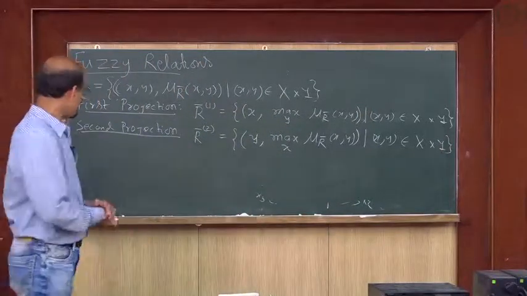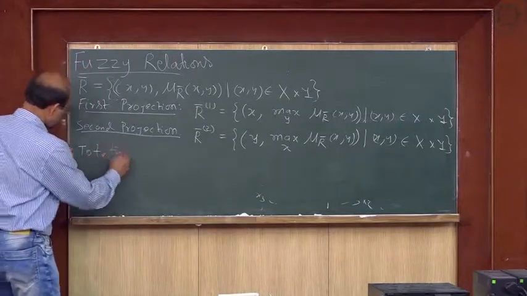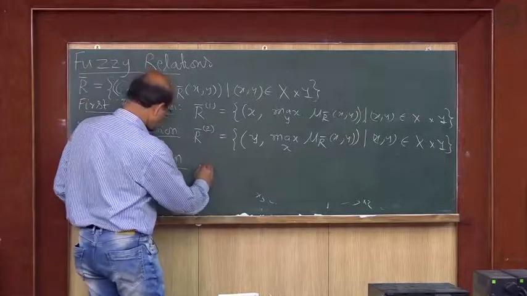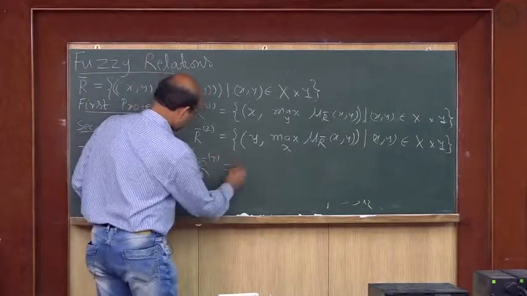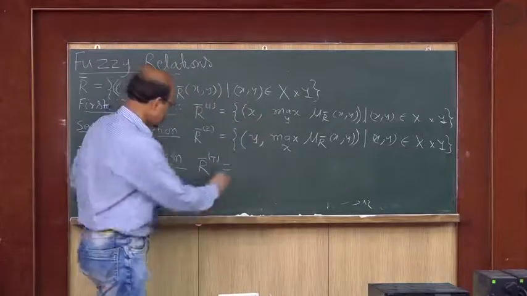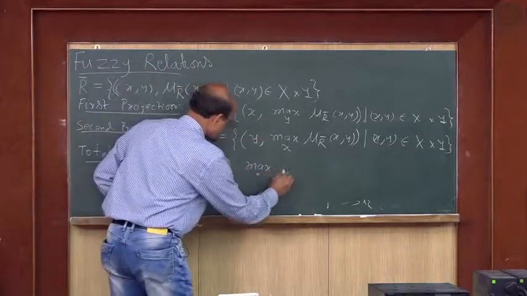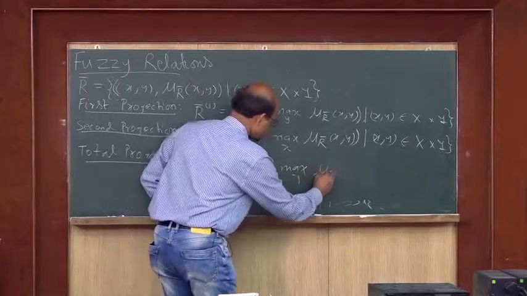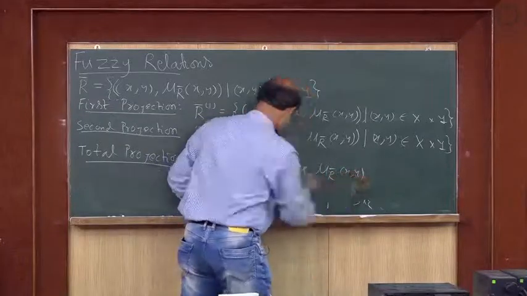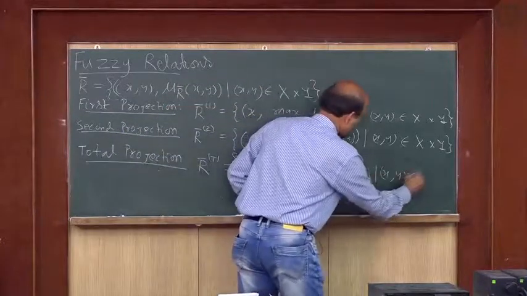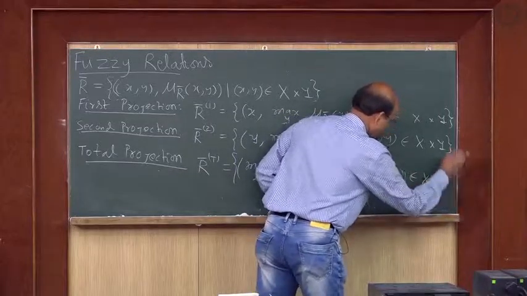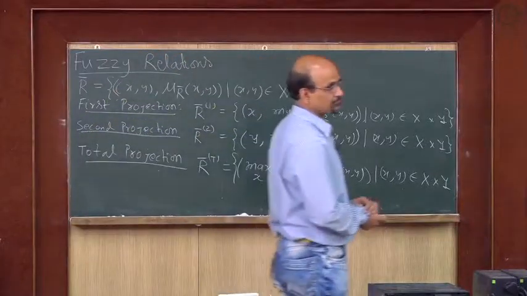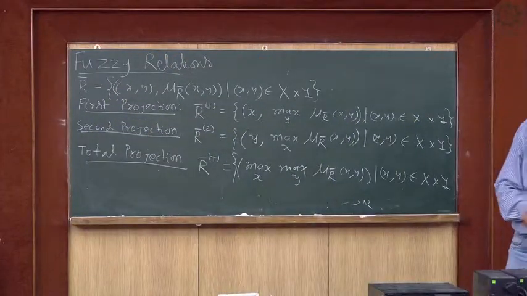Similarly, I have the total projection, and we denote this by R bar t, which is the combination of these two. We write it as maximum over x, maximum over y, of mu R bar x y, such that x y belongs to X cross Y. So, these are the three projections. Now, let us take one example and see how we get these.